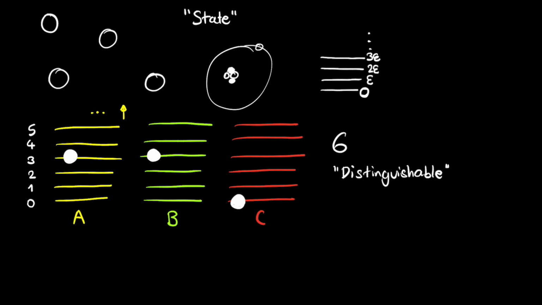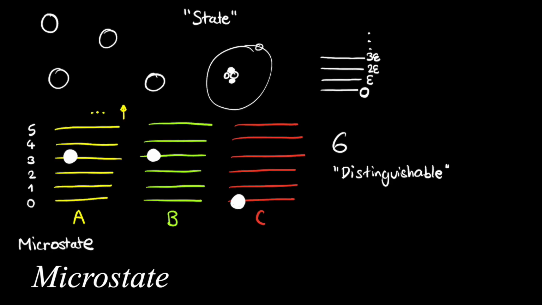Well, you could count them all out if you really wanted to. But we want to do it a little smarter way, to be fair. Before we work that out, we're going to introduce a term called microstate. This is quite an important term when we're talking about thermodynamics.